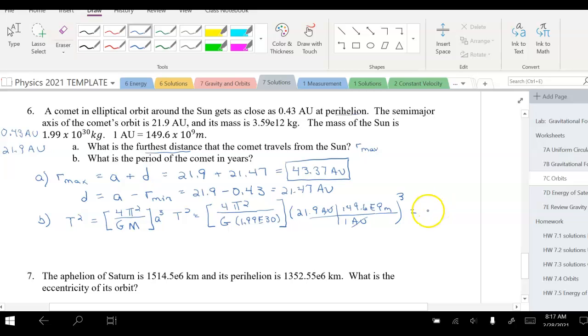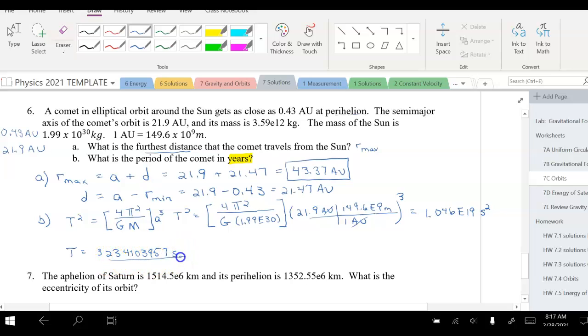And so I get 1.046 times 10 to the 19th, but remember this is seconds squared. So the period, let me take the square root of that, is 323,410,395.7 seconds. The question is asking me for this period in years.